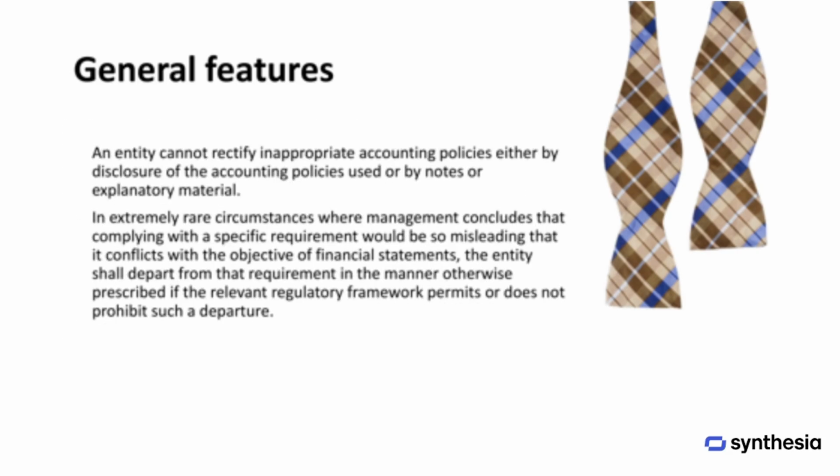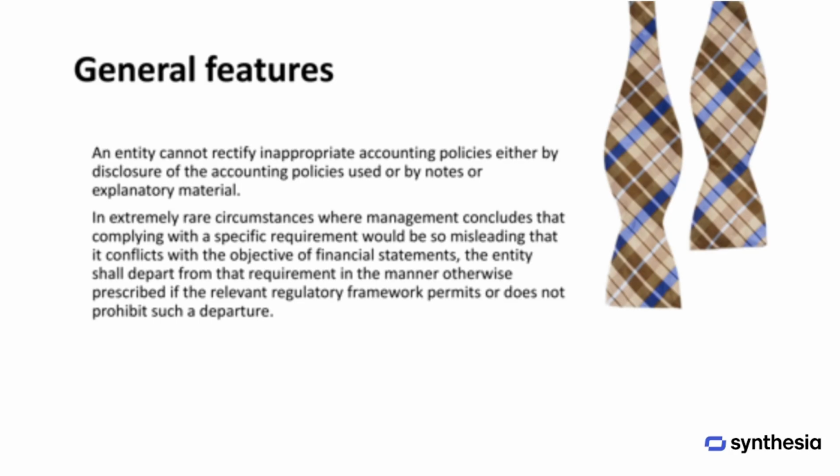An entity cannot rectify inappropriate accounting policies simply by disclosing them in the notes or through explanatory material. Financial statements must present information that is accurate and complies with IFRS, rather than just being transparent about non-compliance.